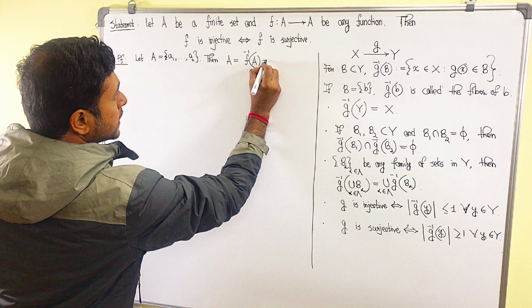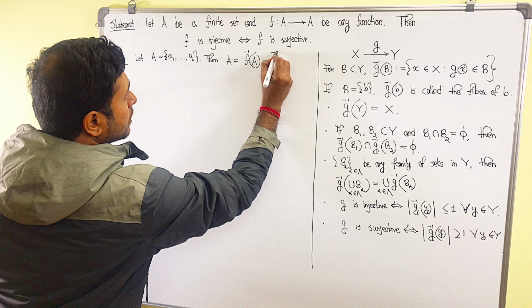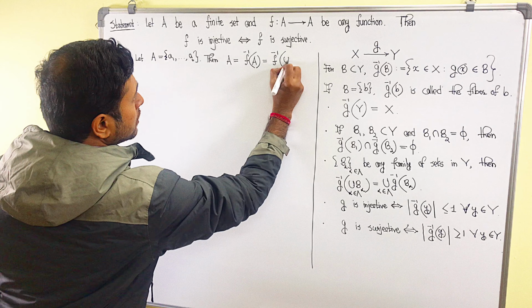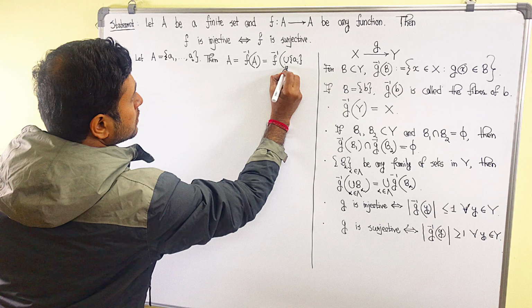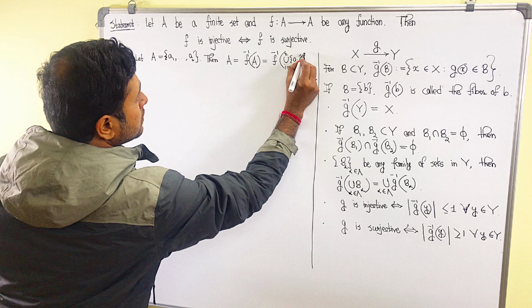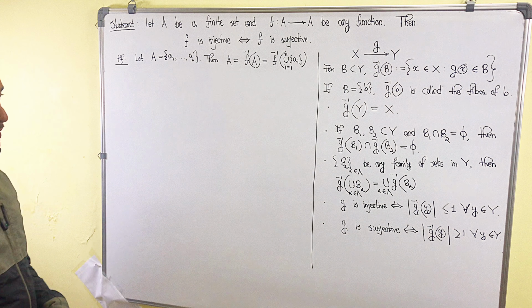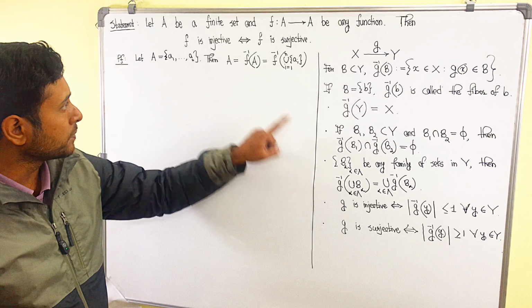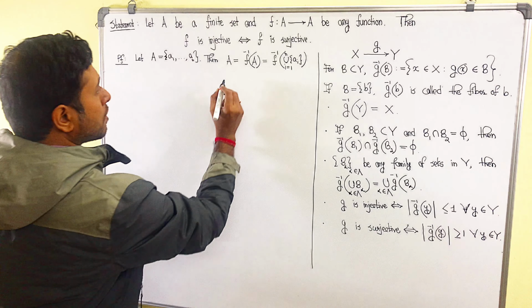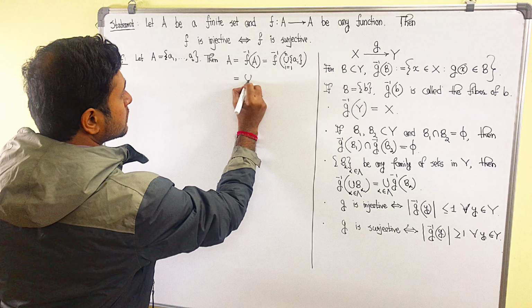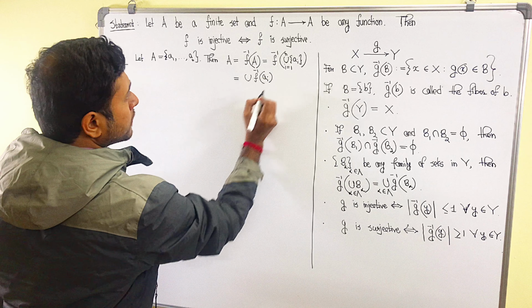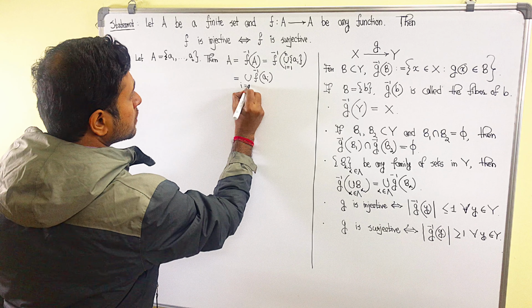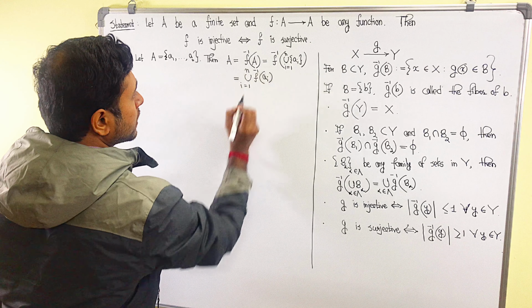Now this set A can be thought of as the union of all singletons of its elements, right? Now let's use this, then it will become the union of f inverse of ai, i equals 1 to n.